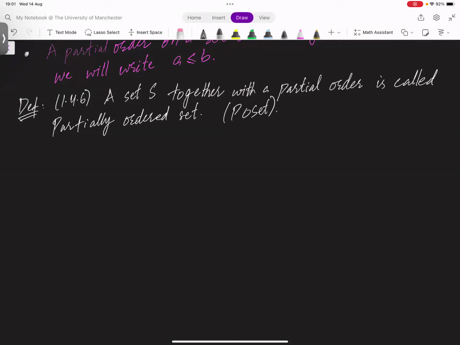In algebraic theory, you can say it's a poset.